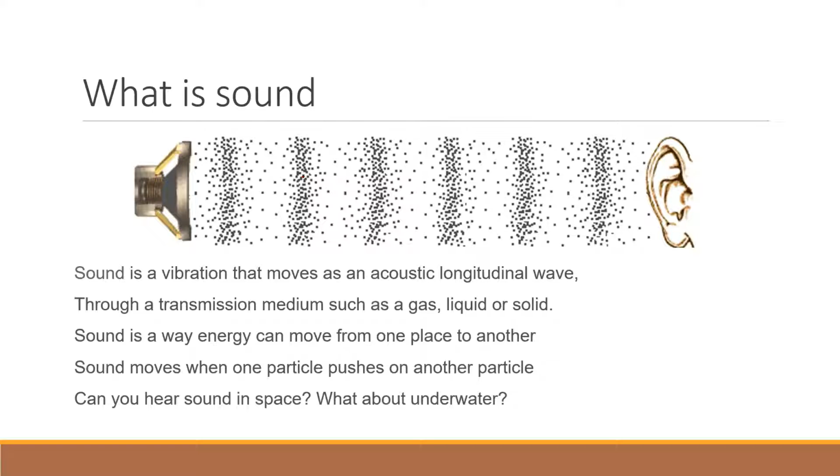It does this through a transmission medium, such as a gas, a liquid, or a solid. Now, a transmission medium is anything that something passes through. So this is all waves.